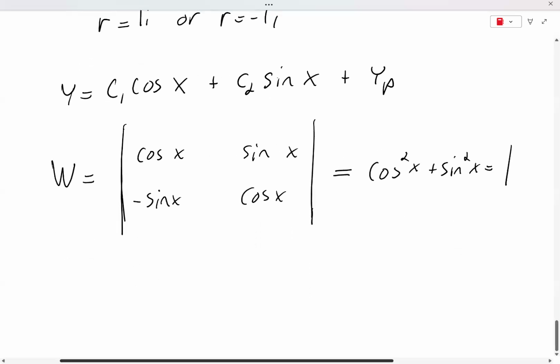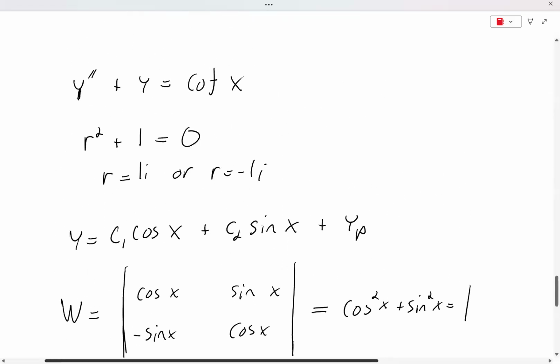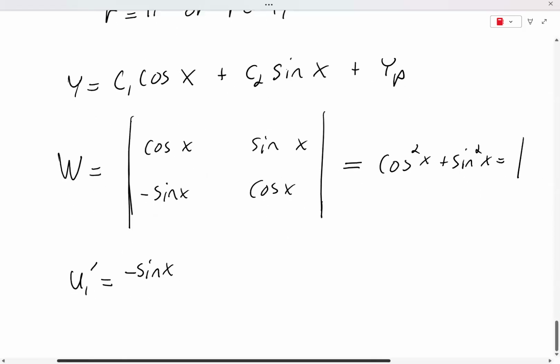Now u sub 1 prime is equal to this one up here, negative sine x times the f of x, which was cotangent x, over 1.